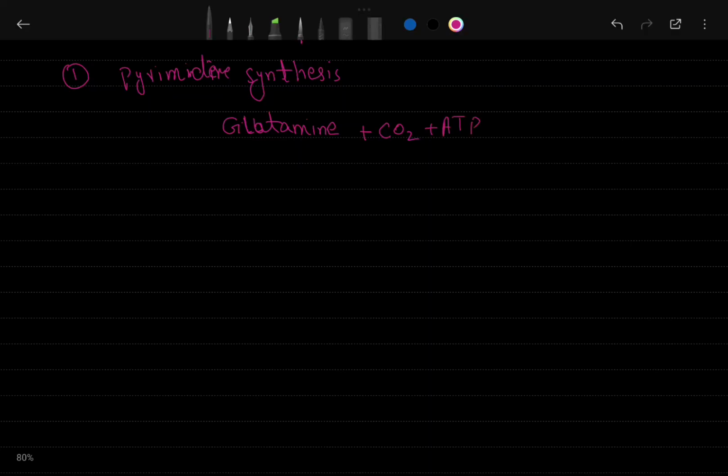The enzyme CPS-II, carbamyl phosphate synthetase, combines these ingredients to make carbamyl phosphate.